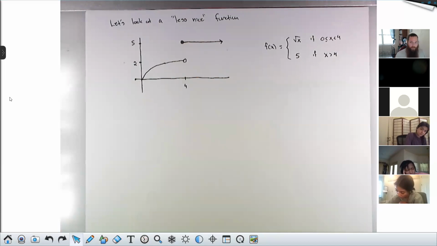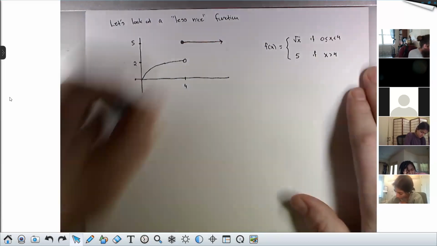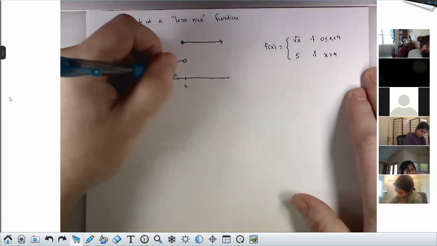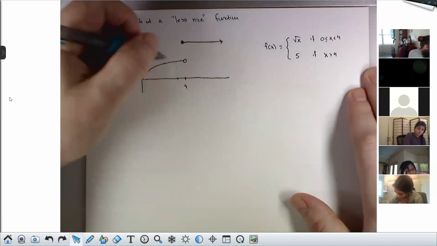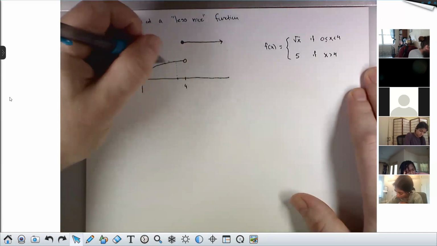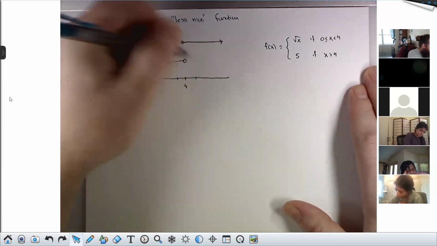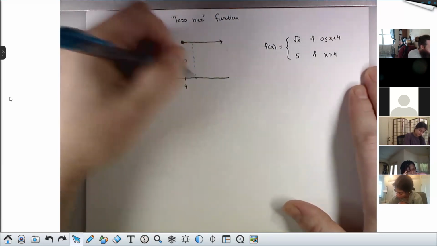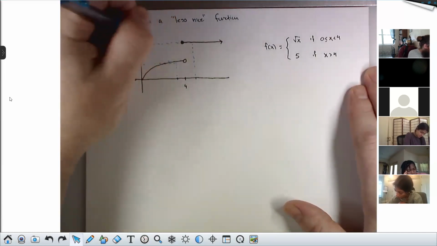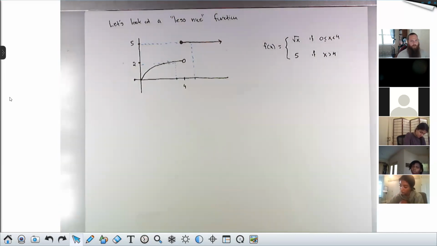But I want you to imagine the same sort of picture where I take my little window from either side and I ask, as I start shrinking this window down here, does it shrink down over here or not?